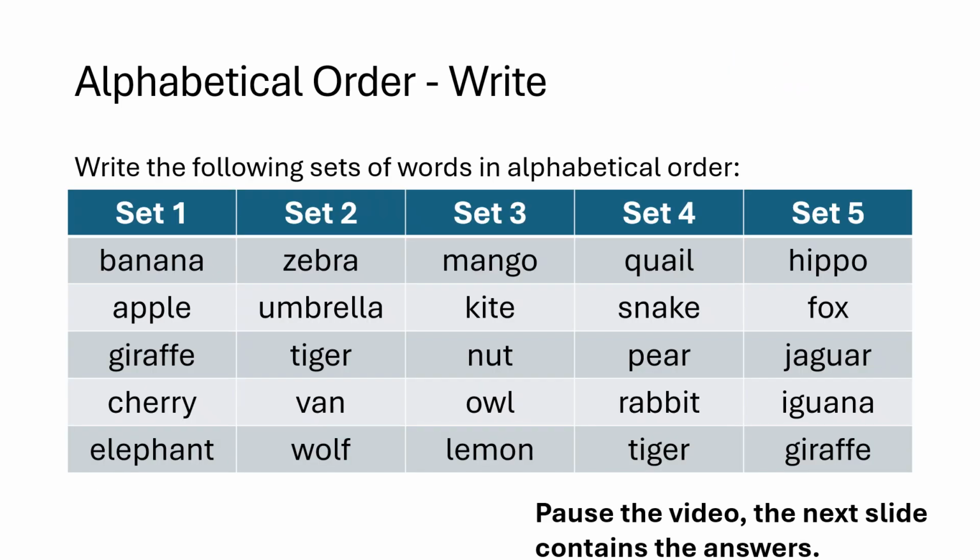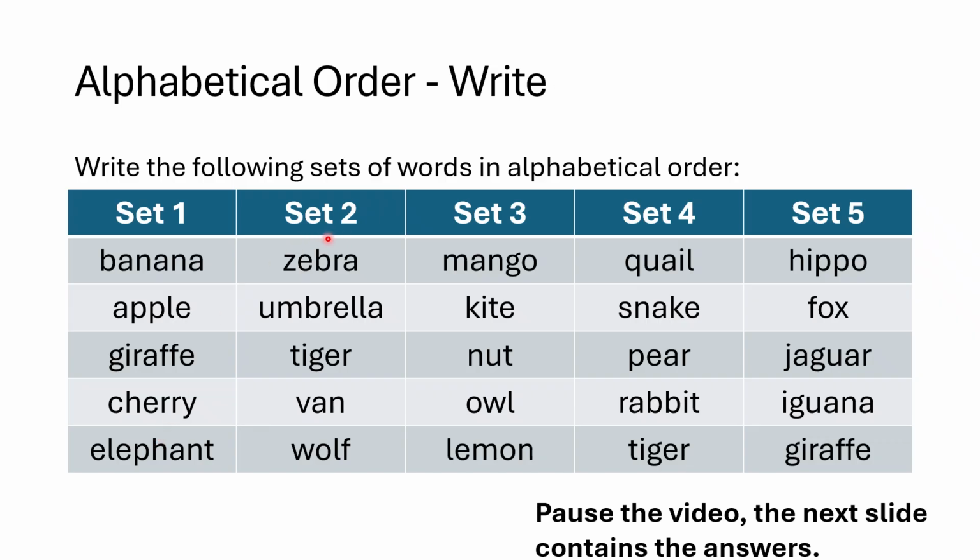Write the following sets of words in alphabetical order. You only need to look at the initial letter to order the words alphabetically. Set 1. Banana, apple, giraffe, cherry, elephant.